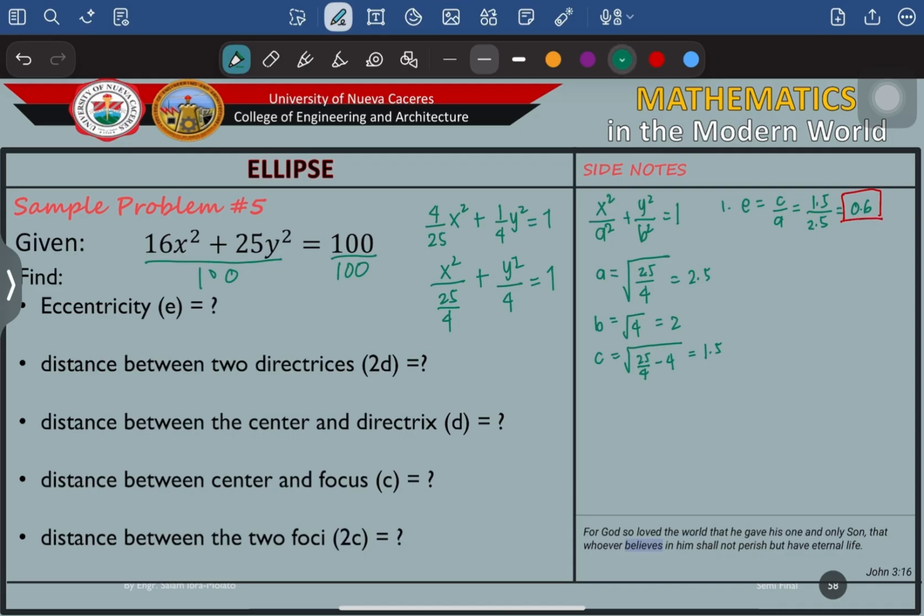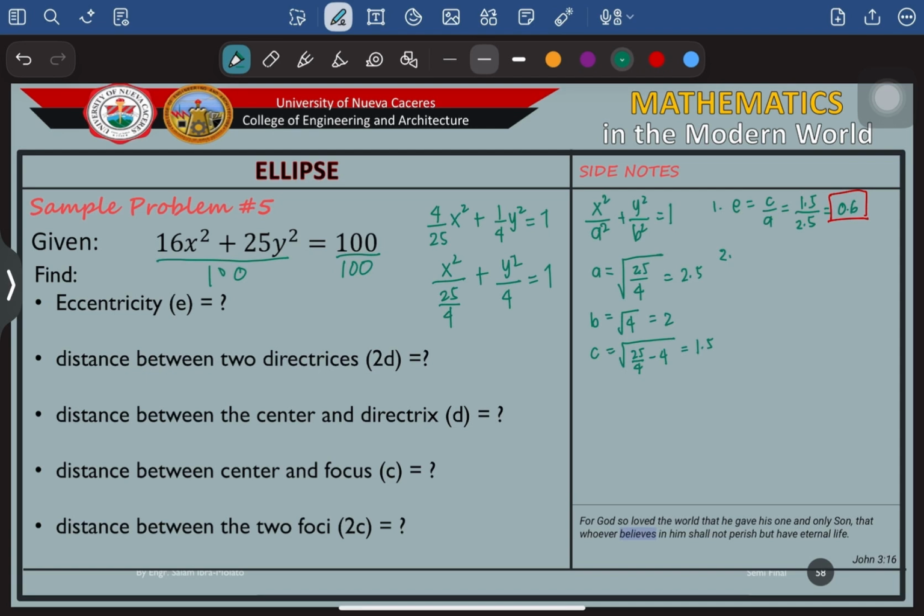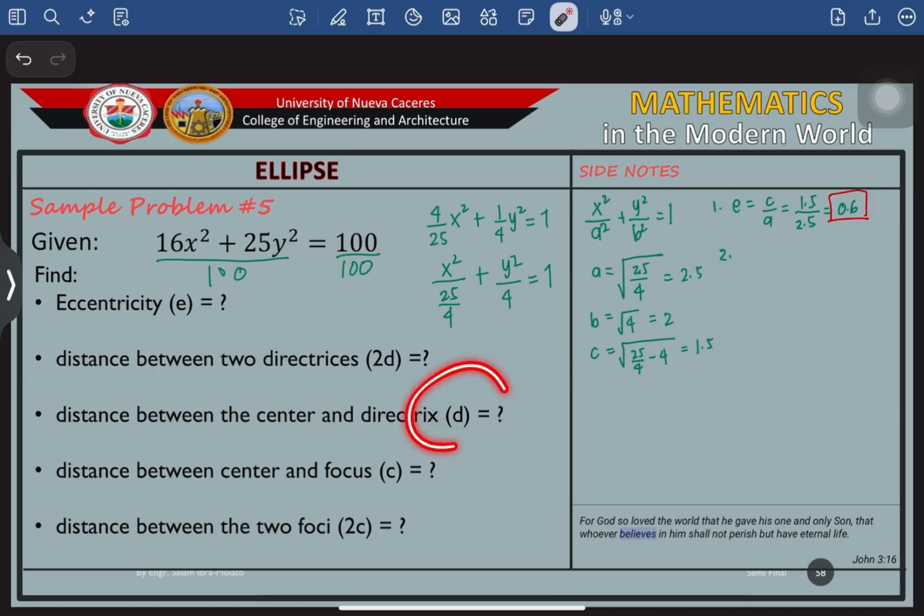Then for the next variable, we need to obtain the distance between two directrices. For this one, we can get the directrix first.